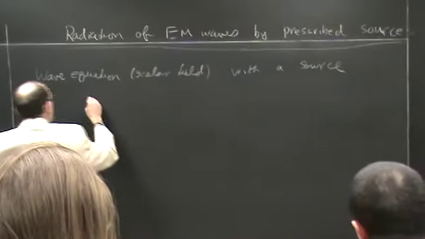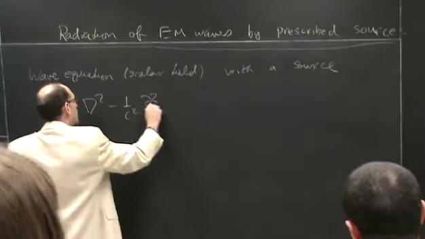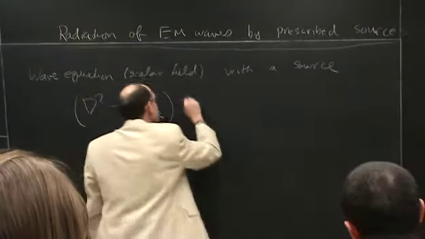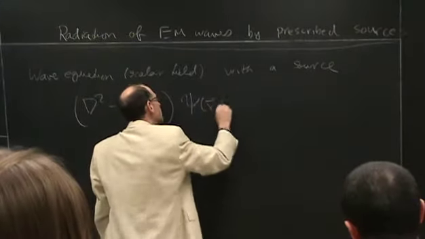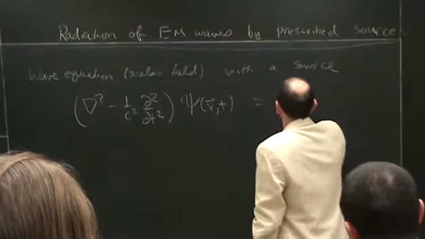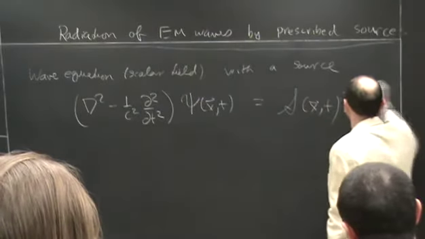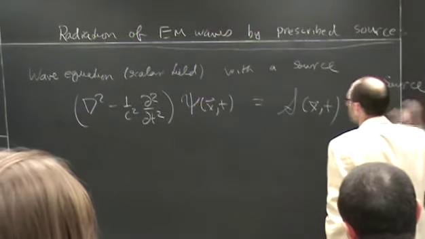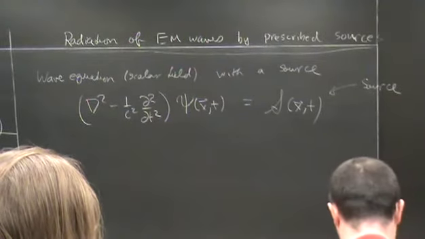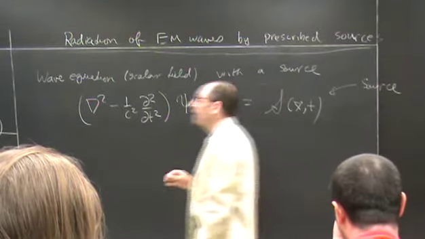So we have the wave equation with some wave propagation speed c, which would be the speed of light, equals some source. We have looked at the homogeneous solution where this was 0, but now we want to look for the particular solution.